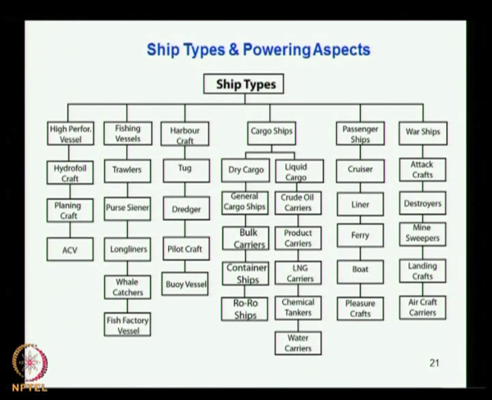Air cushion vehicles are another concept. ACV, generally the typical thing is the hovercraft. Hovercrafts generate a cushion where there is a skirt around the vessel, and the cushion is generated by fans. Because of the air pressure, the hull lifts up and is not in contact with water, only the skirt is in contact with water to make the chamber an air chamber.